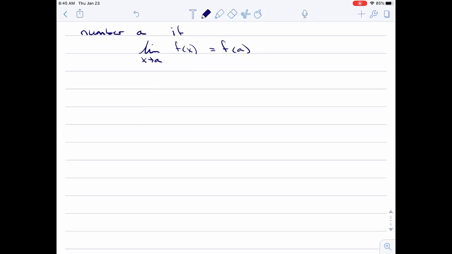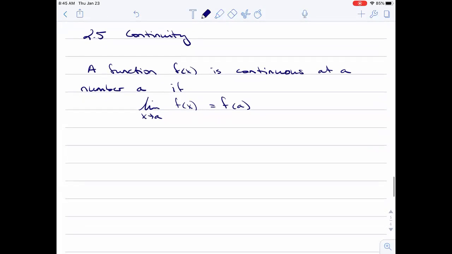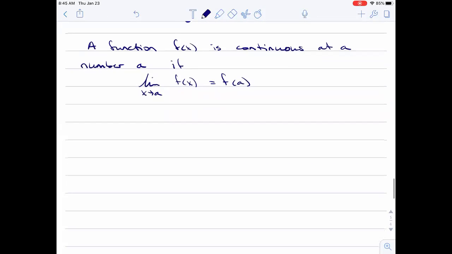Or if we have a function, there are actually 3 things that are required for continuity at x equals a.